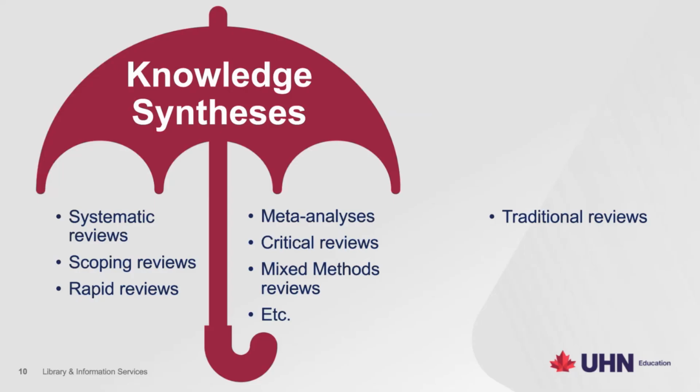These are things like systematic reviews, scoping reviews, rapid reviews, etc. But there are other very useful types of reviews that are outside of the knowledge syntheses umbrella. Traditional reviews and any variation on those would fall outside of that. And there are also other kinds of very useful types of reviews, just not the same thing as a knowledge synthesis, that we could be thinking about here.